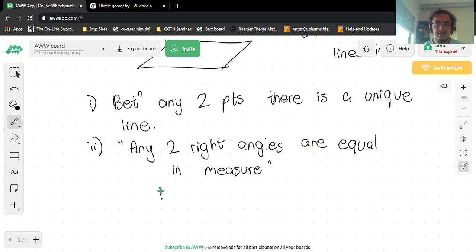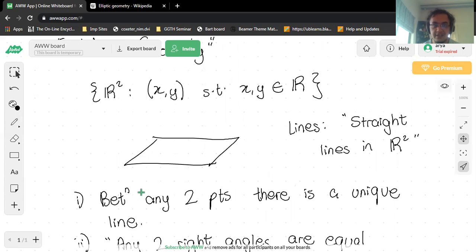So there's a list of 5 basic axioms, and using these 5 very simple statements, which were decidedly unproven, we can derive the most complicated theorems in Euclidean geometry, because these are the defining axioms for Euclidean geometry.